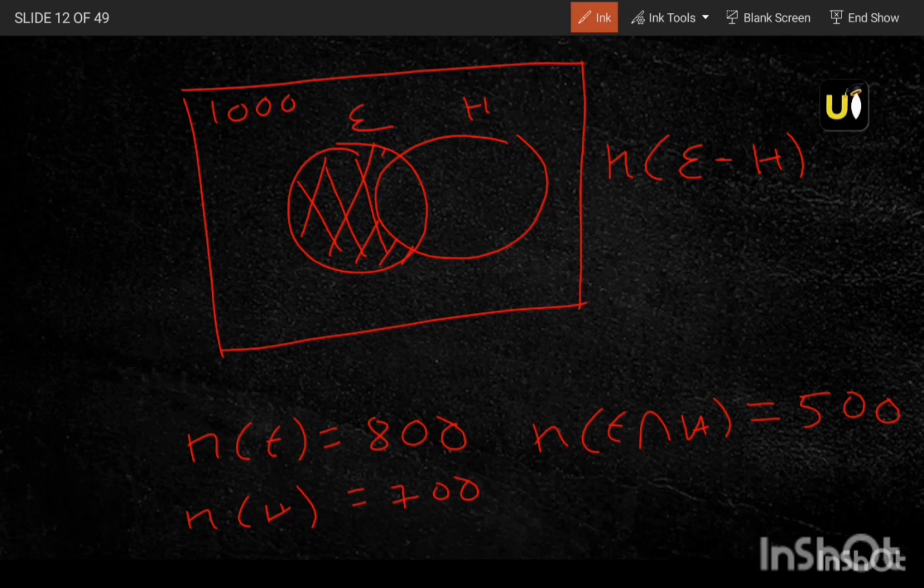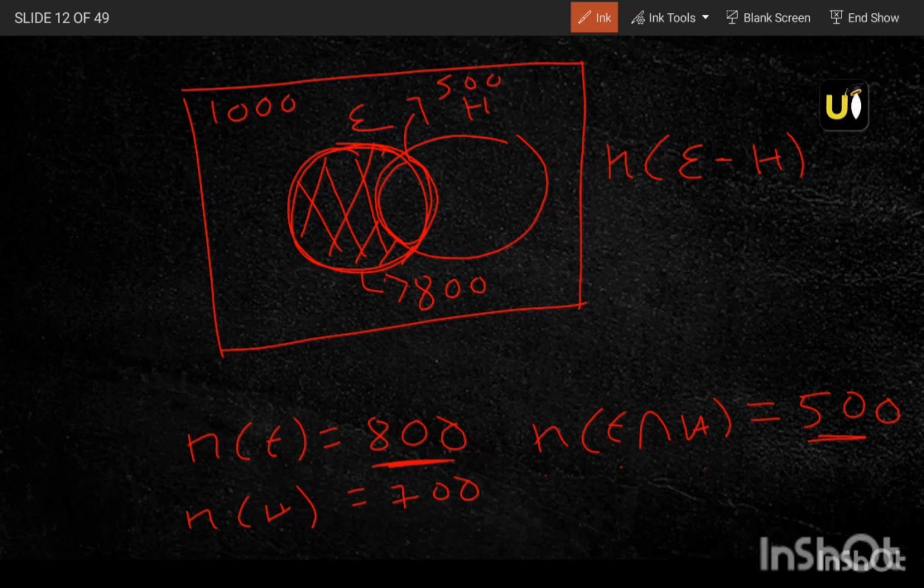So now n of E, the number of students who like English, is 800, and the number of students who like both English and history is 500. So this whole English is 800, and only this intersection is 500.